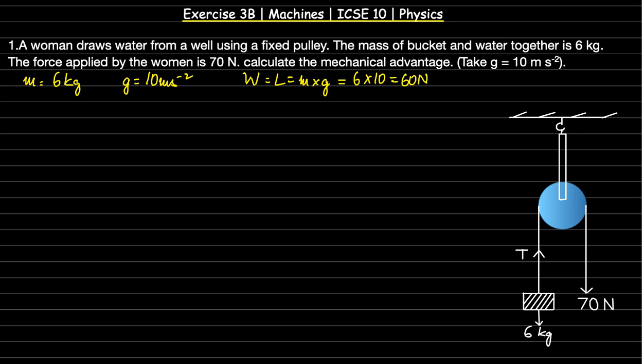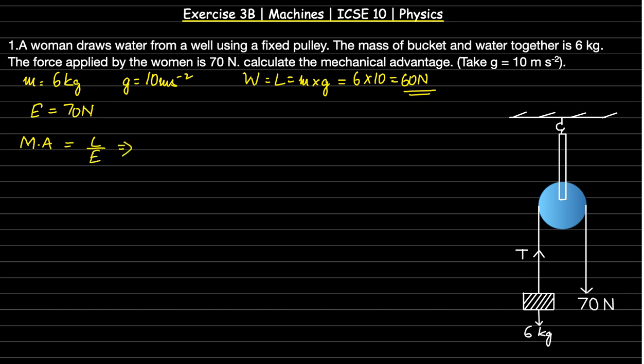Now the force applied by the woman is 70 newtons. Calculate the mechanical advantage. So it's very simple. The effort is given as 70 newtons. I would write here effort is equal to 70 newtons. Now we know the formula for mechanical advantage, that happens to be load divided by effort.